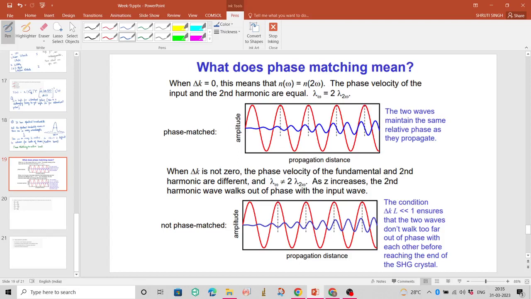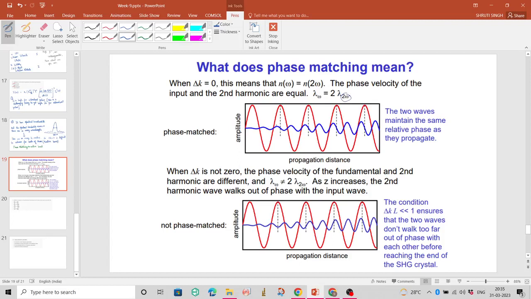That is, the phase velocity of the input and the second harmonic are equal, and lambda omega is equal to 2 times the lambda of 2 omega, the second harmonic. So that's how the phase matching looks like.